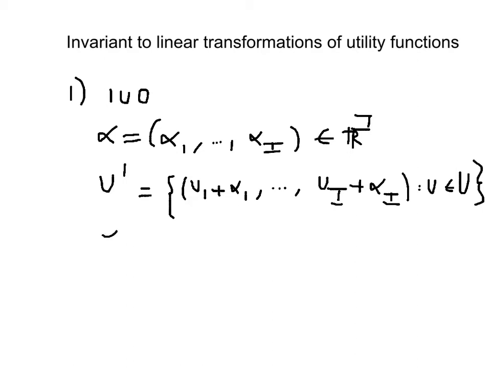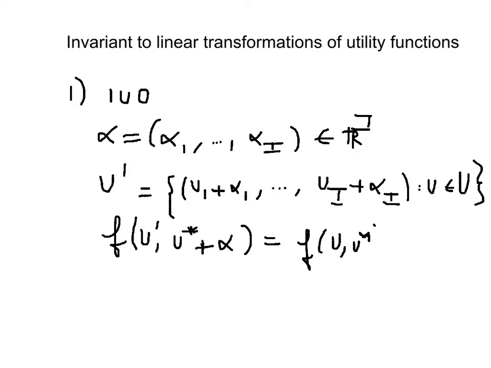Meaning what? Meaning that F for U prime, where the point of origin is changed, right? We're adding some alpha number to the utility of each party. This is none other than the original bargaining solution plus alpha, and this is true for every person.